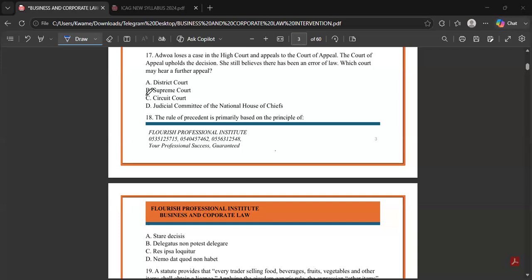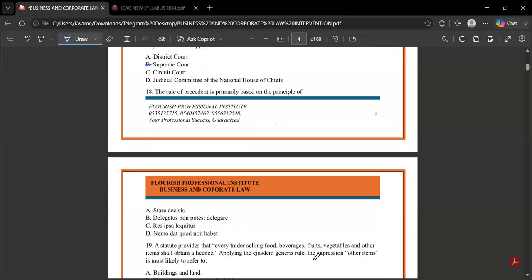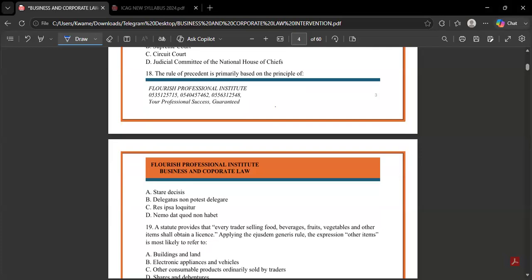Number 18. Let's continue. The rule of precedent is primarily based on the principle of A. Stare decisis. B. Delegatus non potest delegare. C. Res ipsa loquitur.